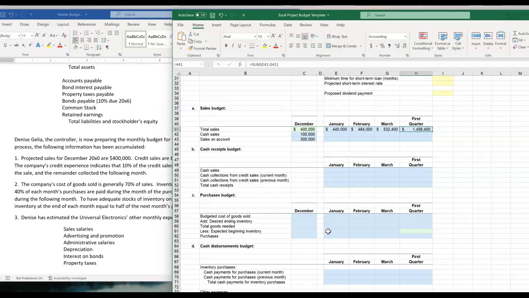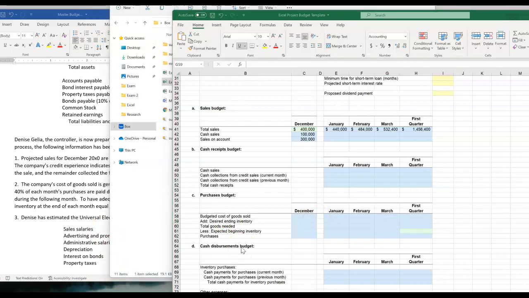It's from the quarter, okay, not from March. Do you follow me? All right, so this is the total for the quarter. So beginning inventory actually would be from December, okay, and then your ending inventory would be from March, right here for desired ending inventory. Okay, because you've got to look at the whole quarter for it.